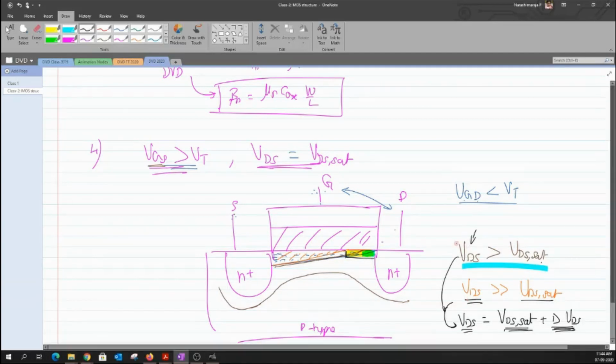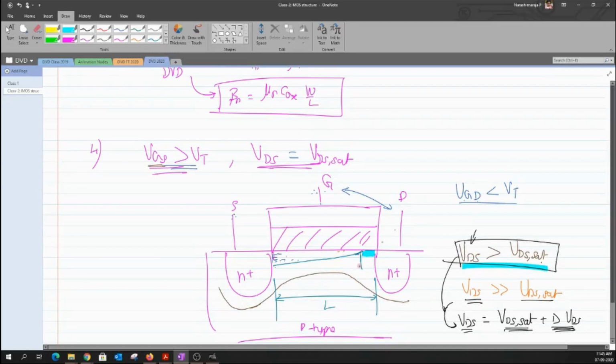Let me pick this particular condition, and I'll remove this orange colored structure. The channel has now got pinched off, and the channel length has also got shortened. This is our channel length, and there is a reduction in the charges.